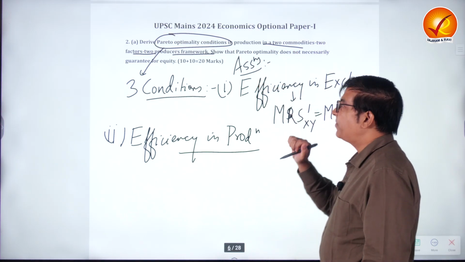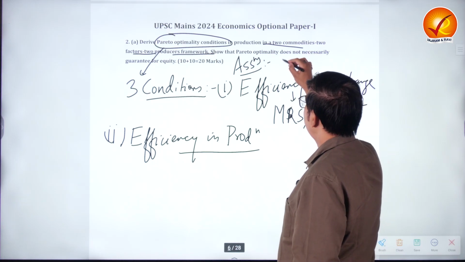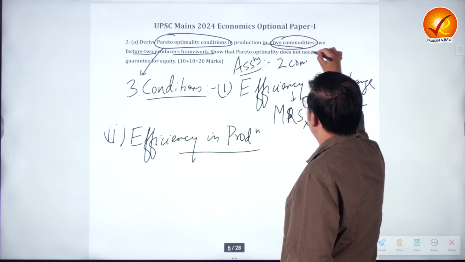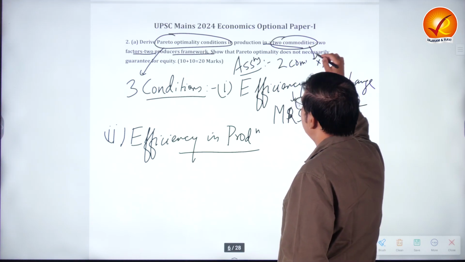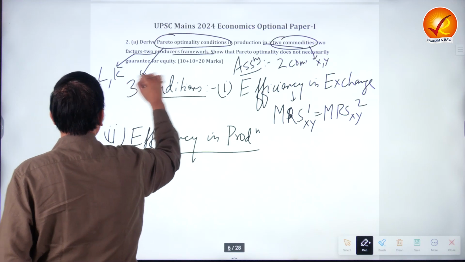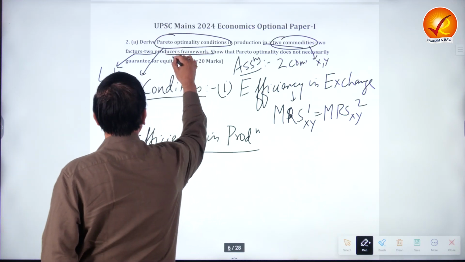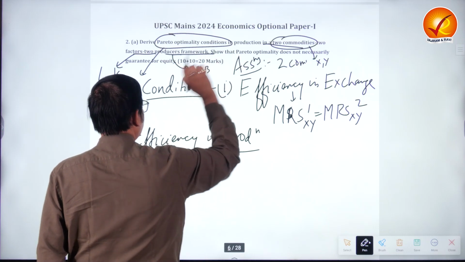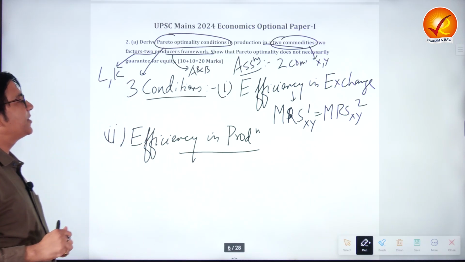In any case, that will be needed. Assumptions as in there are 2 commodities, it's already written. Okay, call it X and Y. There are 2 factors of production, call them labor and capital. 2 producers, give them also some name, say A and B. Okay, that would be keeping it in a perfect way.